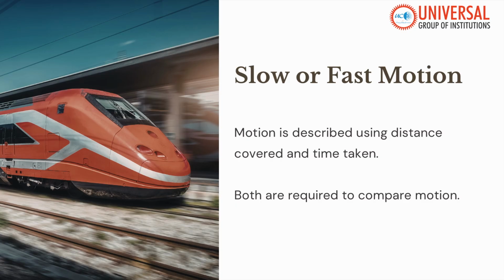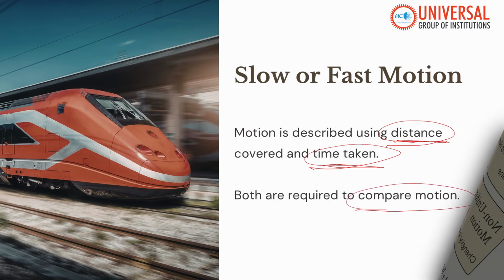We generally decide whether an object is slow or fast by observing the distance it covers in a given interval of time. So motion is described by using the distance covered and the time taken to cover the distance. Thus the motion can be compared only when we consider both distance and time together. So both are required to compare the motion.